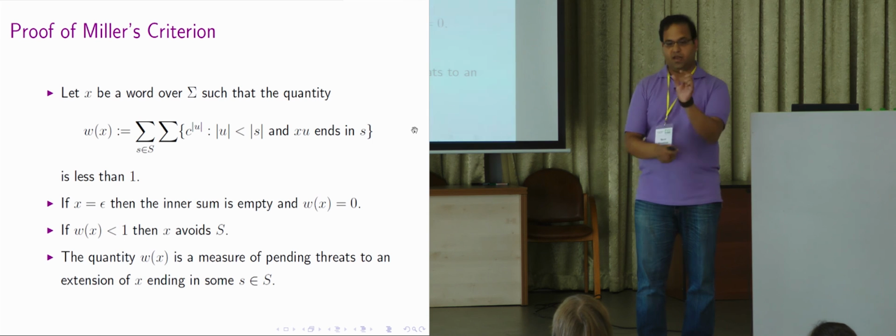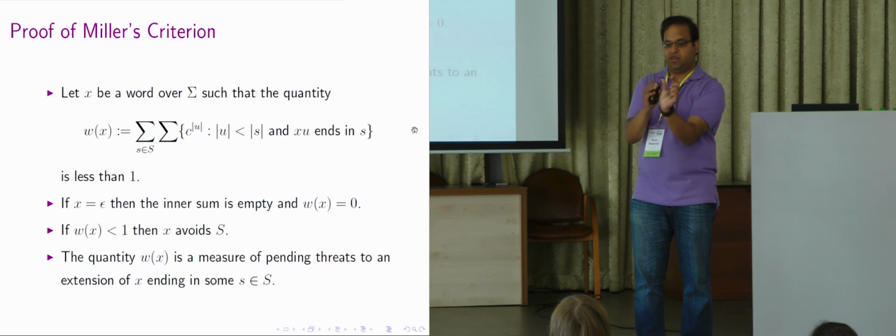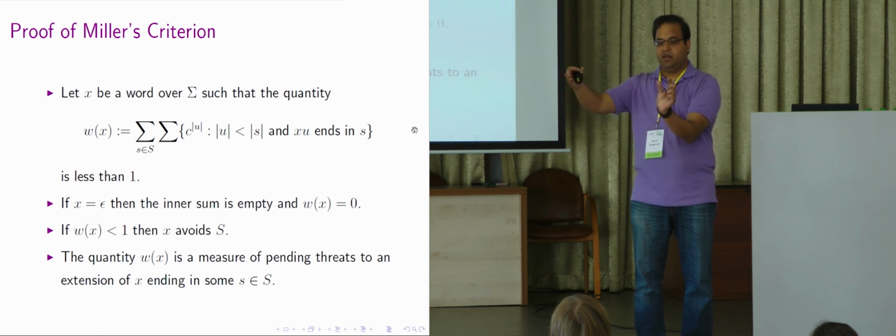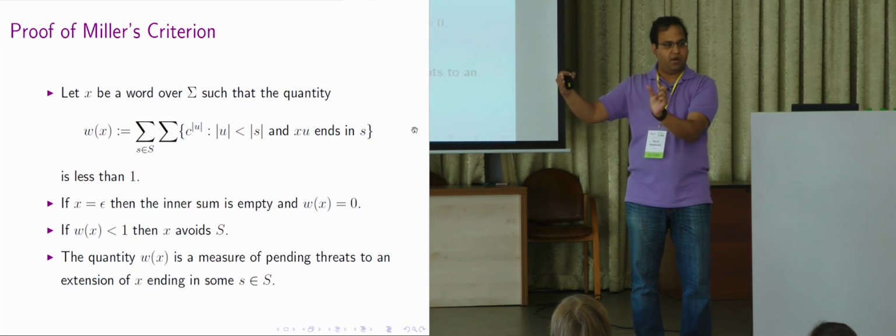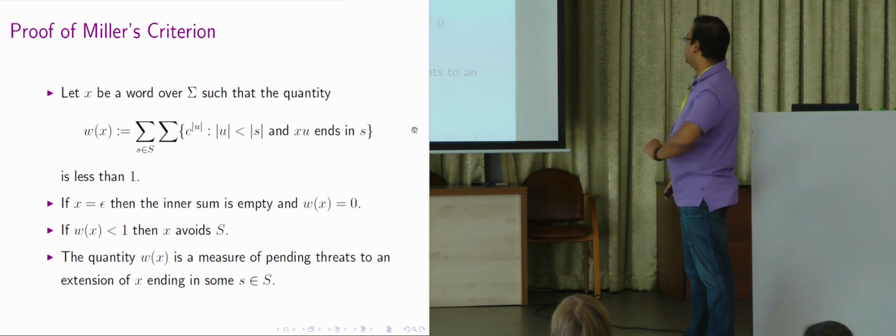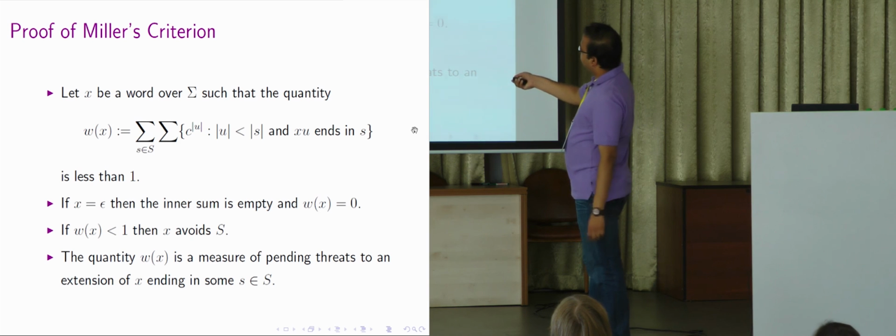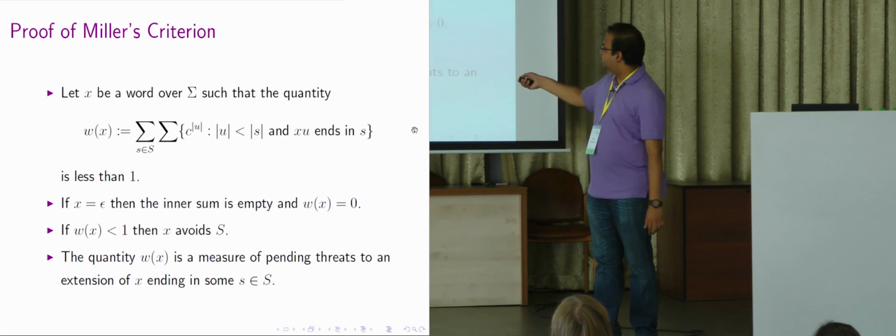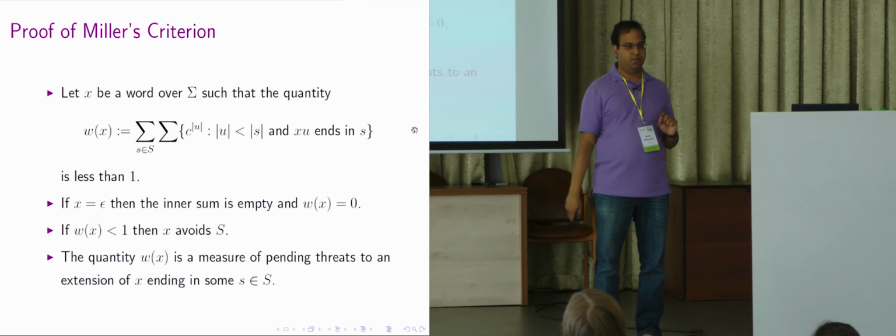So x ends in some suffix that can possibly be extended to create some bad forbidden word. And so I'm going to take the sum of c to the length of u over all such u.